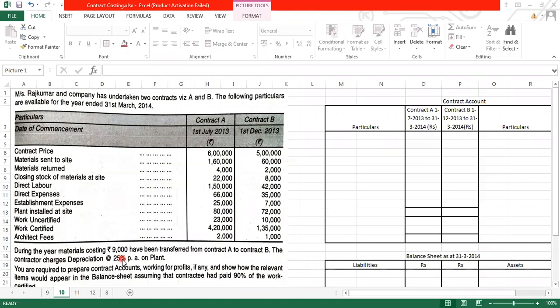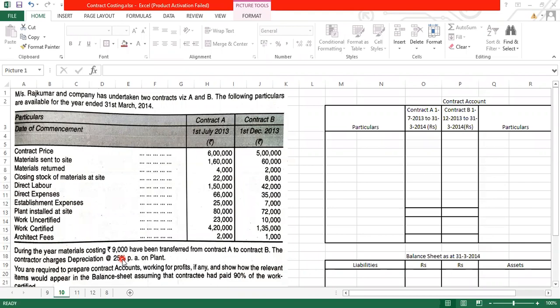You are required to prepare a contract account working for the profits, if any. So apart from the contract account, if there are any profits, you have to write down the profits as well, and show how the relevant items would appear in the balance sheet, assuming that the contractee had paid 90% of the work certified. We also have to prepare a balance sheet, and they are saying to assume that the contractee has received 90% of the work certified amount.